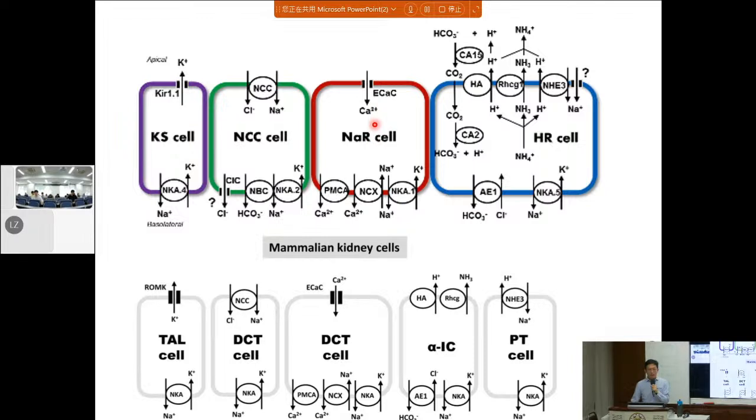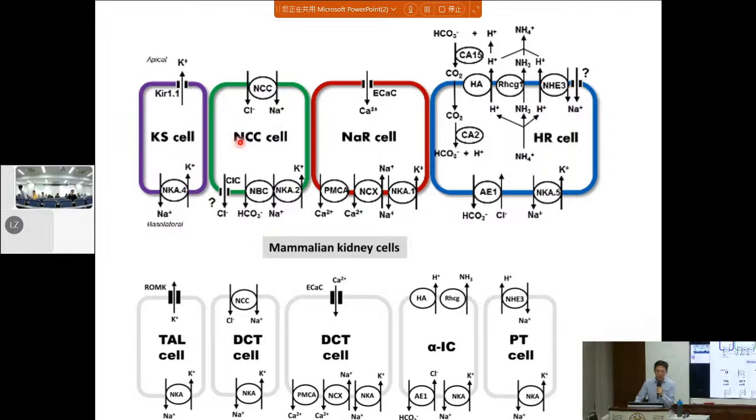And after the calcium enters the cell, it is immediately bound by the calcium binding protein, then transported to the basolateral membrane. Then the plasma membrane calcium ATPase or sodium calcium exchanger located in the basolateral membrane transports the calcium inside the body.